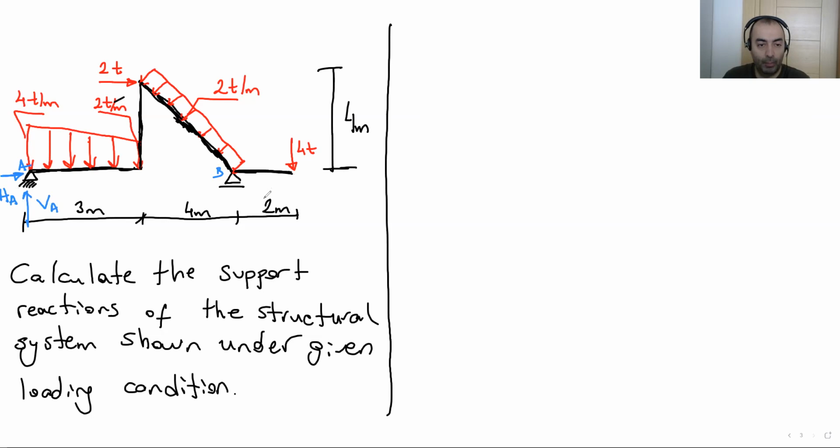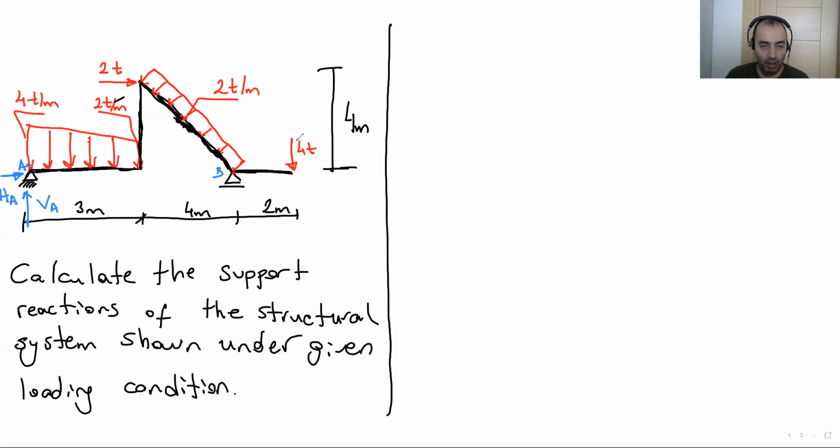Let's have a look at point B. We have one more support here. What kind of support is this? Roller. Roller support. How many unknowns do we have? 1. Horizontal or vertical? Vertical.